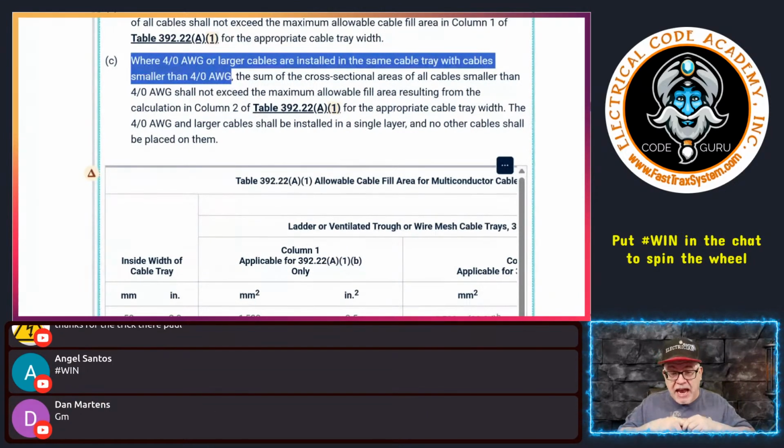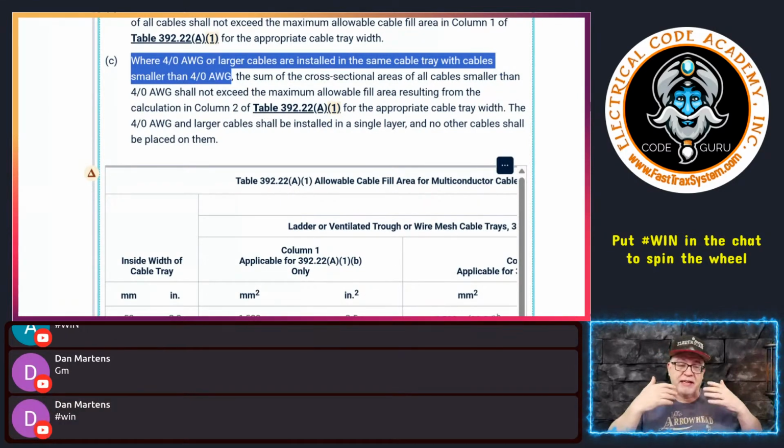I can have cables with conductors inside of it that are 14 gauge, 12 gauge, 10 gauge, 8 gauge, 6 gauge, as long as they're in the cable assembly. The restriction to 1/0 is only when it's what? Single conductor cables or single insulated conductors. That's the difference. If you didn't get that, go watch yesterday.